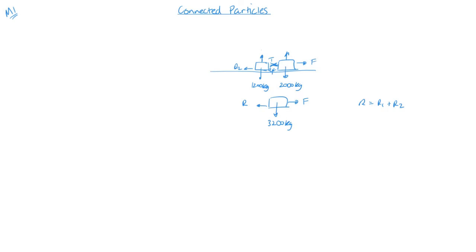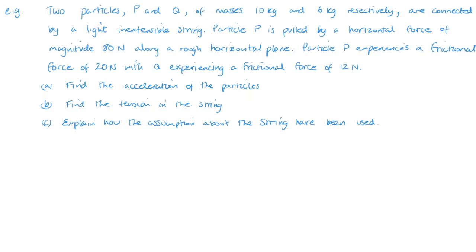Now, other than that, there's nothing new to this. It's just about setting it out properly with a diagram, so you can see what's happening, and then solving the problems using what we already know. So let's jump into the first example. Here we have two particles, P and Q, of mass 10 and 6 kilograms respectively.